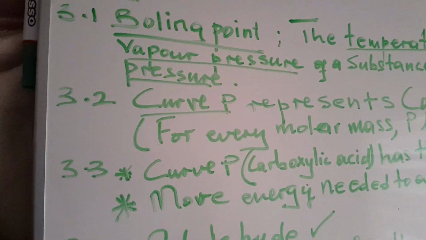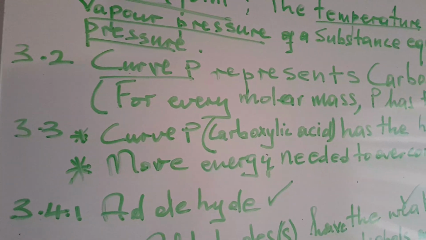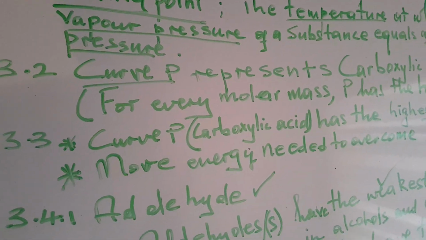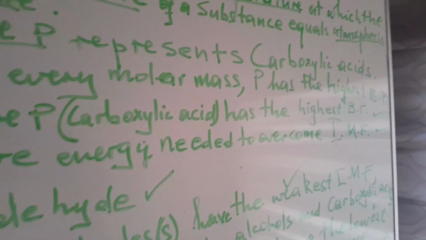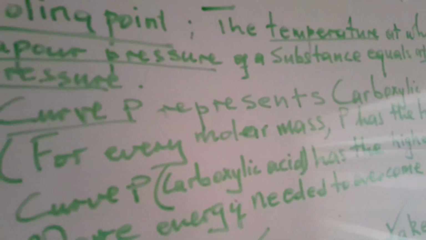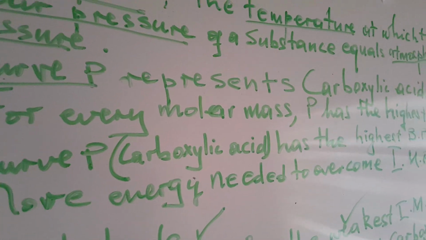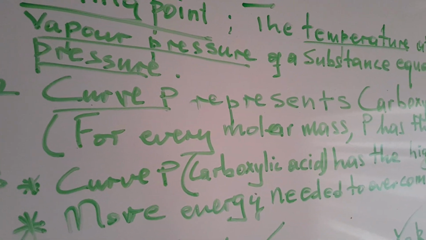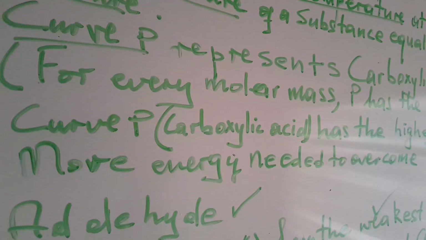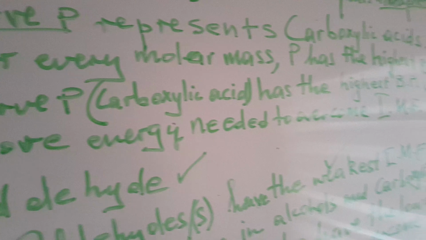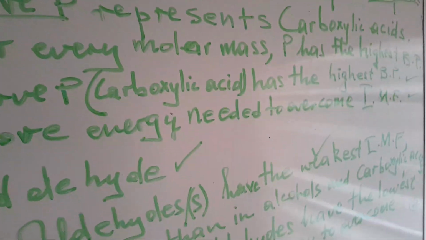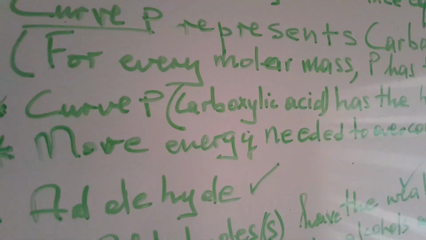So 3.3 wants you to put that into perspective to explain that curve P has the highest boiling points, meaning that it has stronger intermolecular forces and therefore more energy is needed to overcome the intermolecular forces.